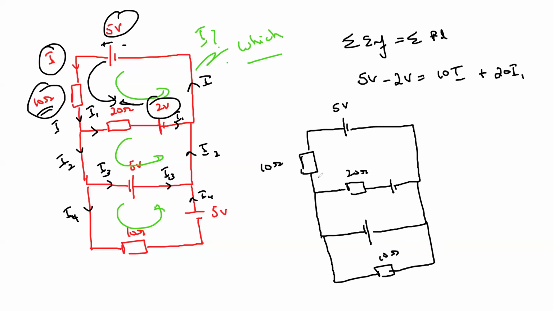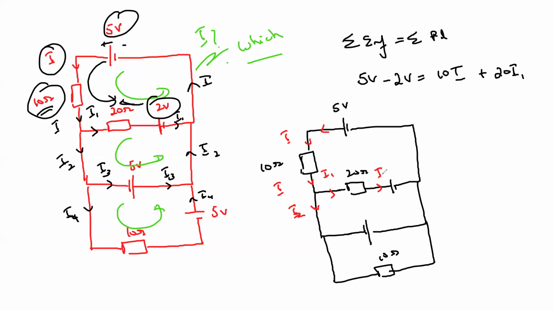Because we need the current I in the question, the current I will flow from here. But when this current I is flowing, it will break down because of the branches. So this will turn into I1 and this will be I2.